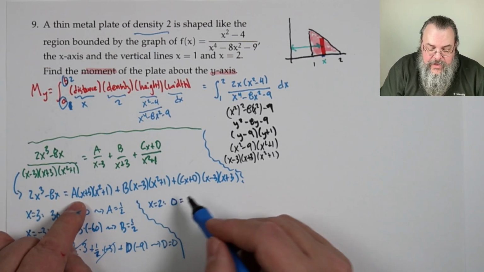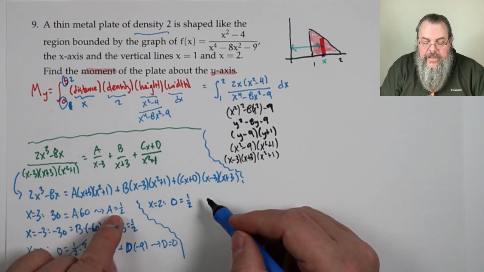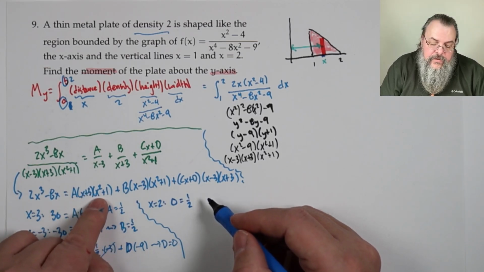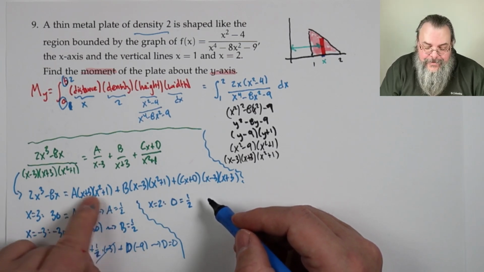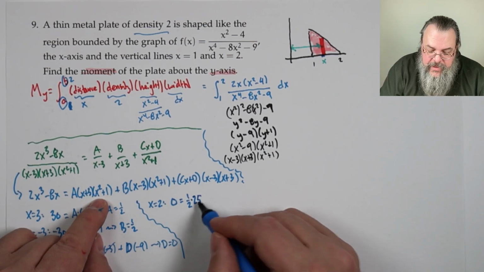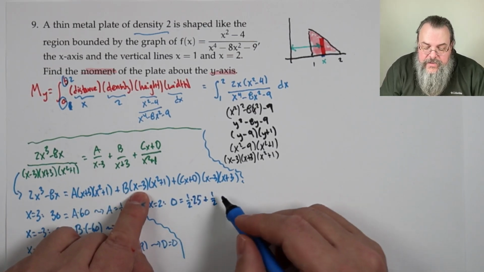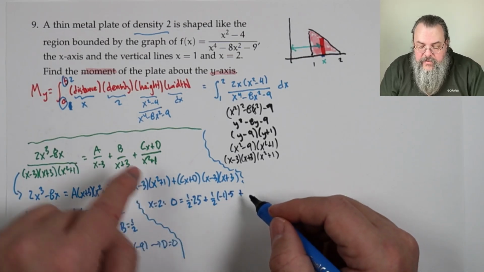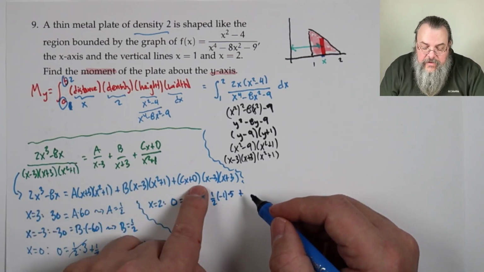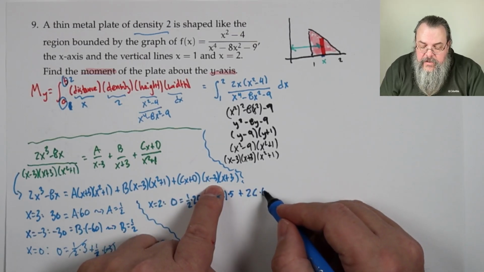Equals, a is 1/2, and then we have 2 plus 3 is 5, and 2 squared plus 1 is 5, so 1/2 times 25, plus b, which is 1/2, 2 minus 3 is minus 1, then 2 squared plus 1 is 5, plus c is 0, d is 0, so we have plus 2c times minus 1 times 5.